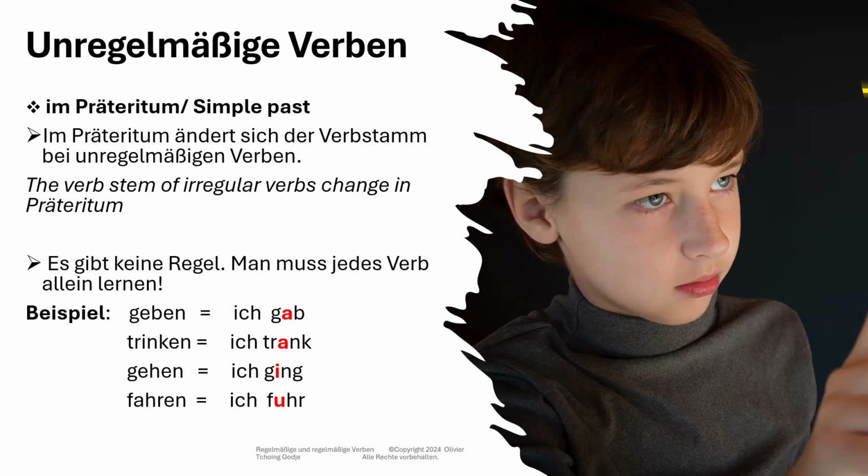As soon as you notice that a verb changes its verb stem in Präteritum, then you know that it is an irregular verb. Like verbs that used to hide, like gehen in the present simple, now in the past simple, Präteritum is ich ging. Ich gebe in Präteritum is ich gab. Trinken, that doesn't change in the present simple, changes here into ich trank.